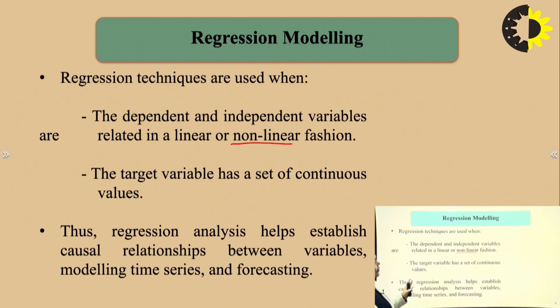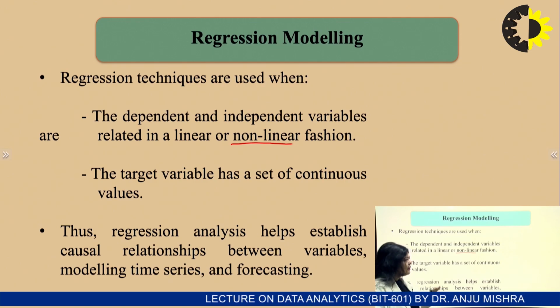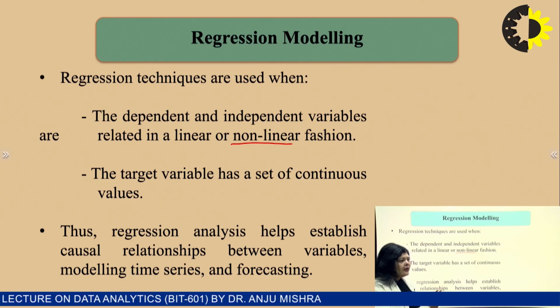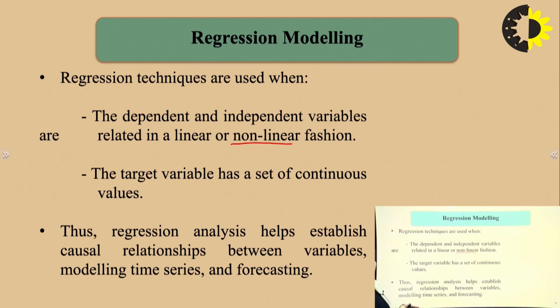Now, the target variable has a set of continuous values, and what we have to do is fit some linear equation over the given data. So we have been given the observations where we have the value of the dependent variable, which is y, and corresponding independent variable values. So now we have values for x's and y's, and we have to find a trend or a linear line that is fitting over that data.